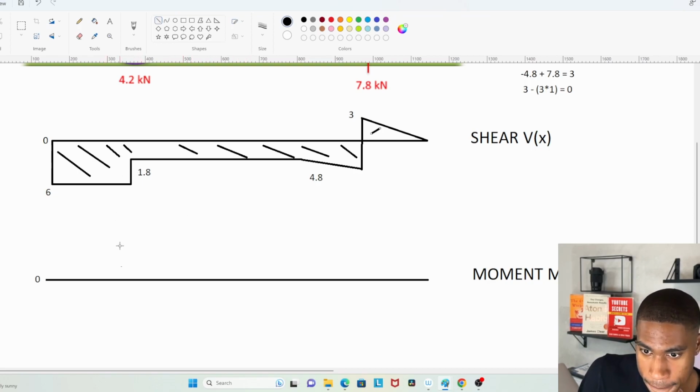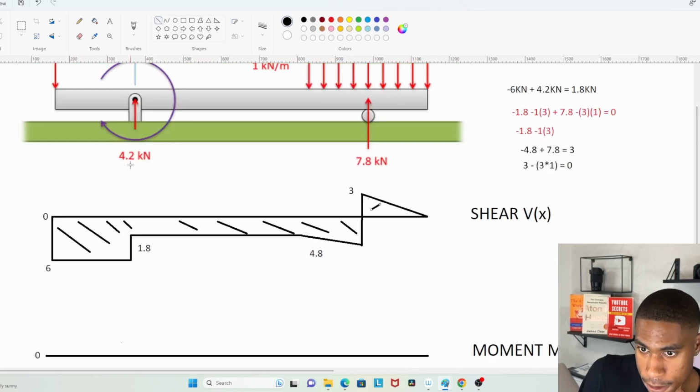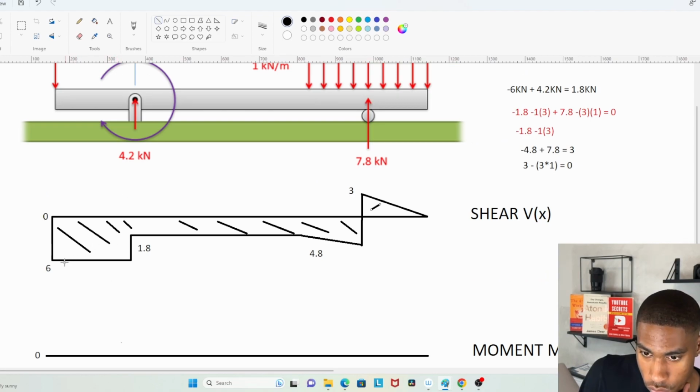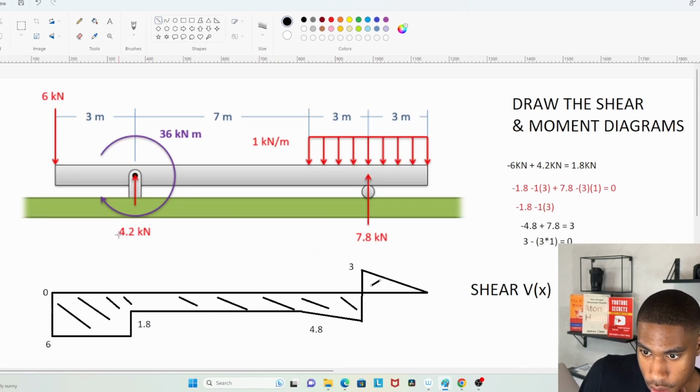Basically, we need to find the area at each point. I know that we got 6 kilonewtons coming down, a negative 6 kilonewtons. So 6 times, and you need your distance.